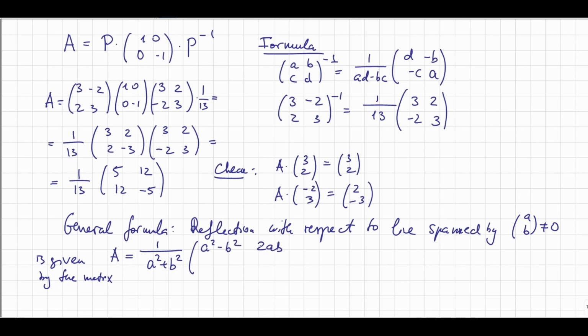It will be a symmetric matrix, 2AB, 2AB, and here B squared minus A squared. You can derive this formula by tracing the steps of our calculation using A, B instead of the vector which we've had.